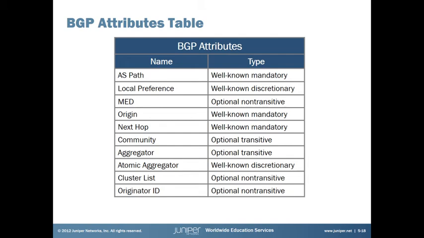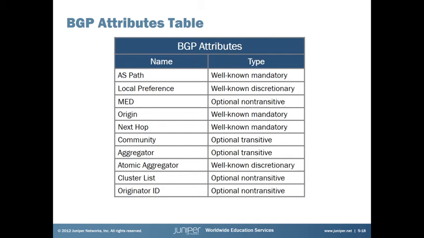It specifies how that particular attribute has to be treated by a BGP router. So we've got a few here. We've got well-known mandatory, we've got well-known discretionary, and so on. Let's just go through and take a look at what these attribute types mean.